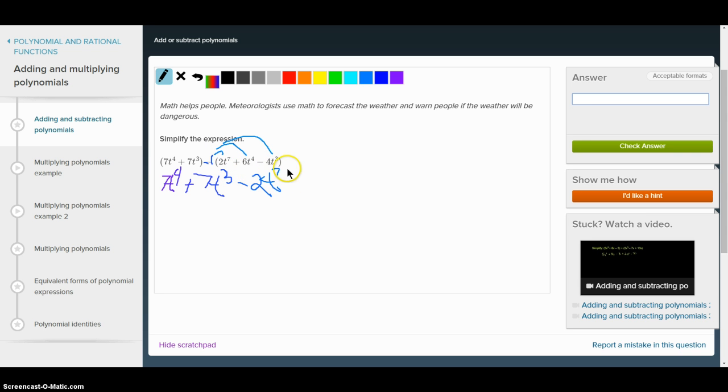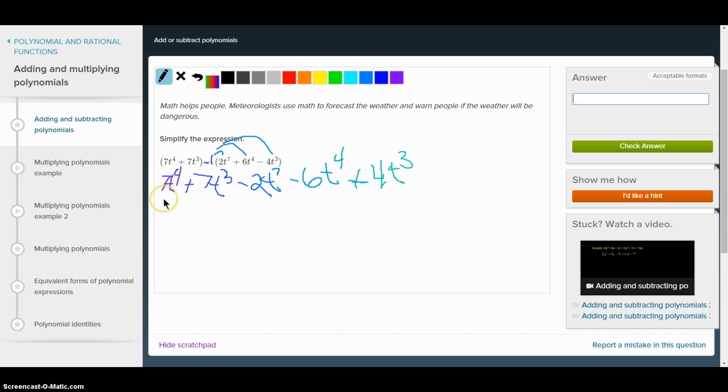So we're going to subtract 6t to the fourth, and then negative 4t to the third multiplied by negative 1. So we're going to add 4t to the third. Alright, so we got everything all laid out here.